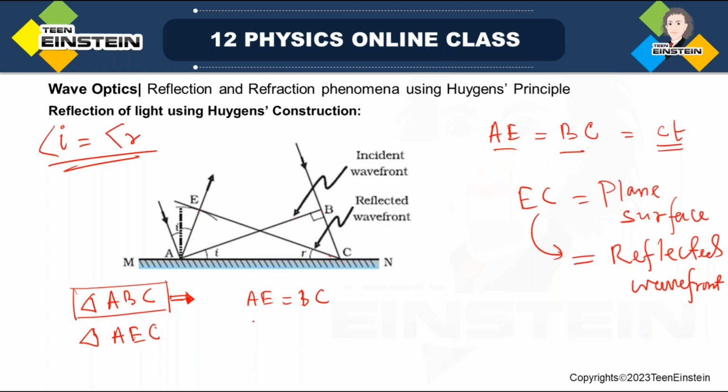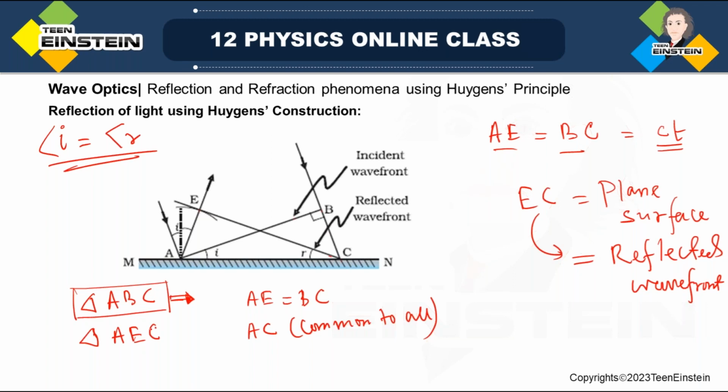And AC is actually common to both the triangles, isn't it? AC is common. So I have got two equal sides, and if I get one angle equal, then we can say these triangles are similar triangles.